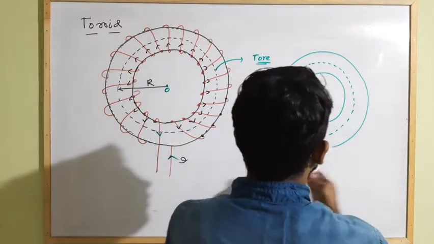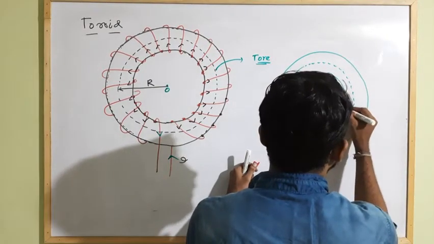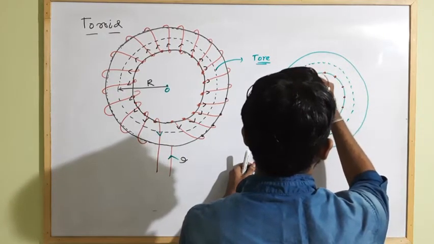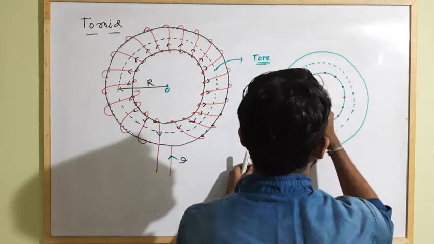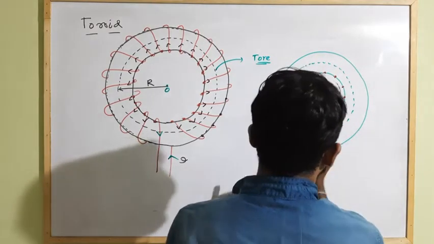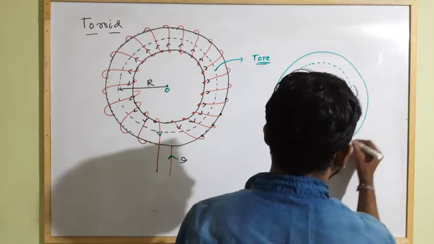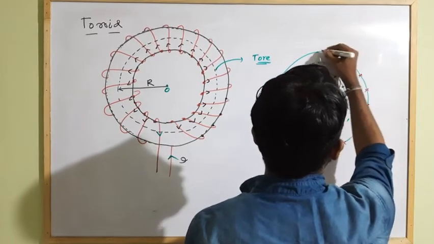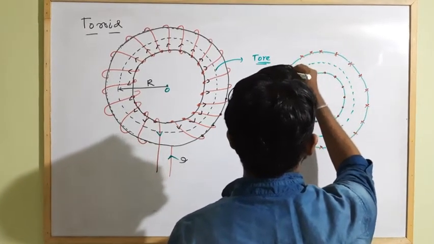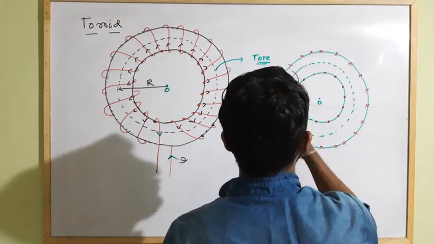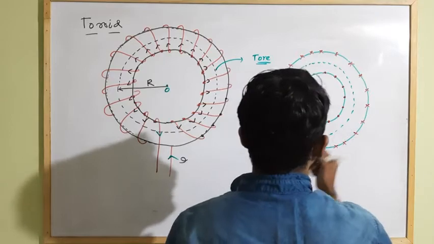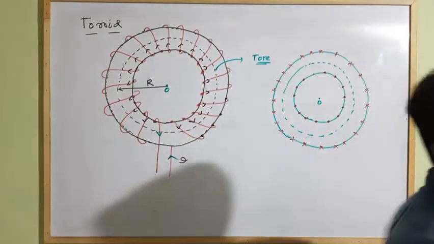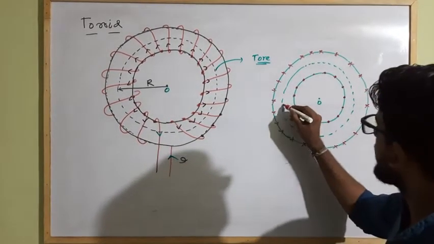So here, all the points have current in the outward direction, and above, all the points have current in the inward direction. As the same current flows across the circular loop, the total incoming current will be equal to the total outgoing current for the complete toroid. Clear? And this is the average radius R.